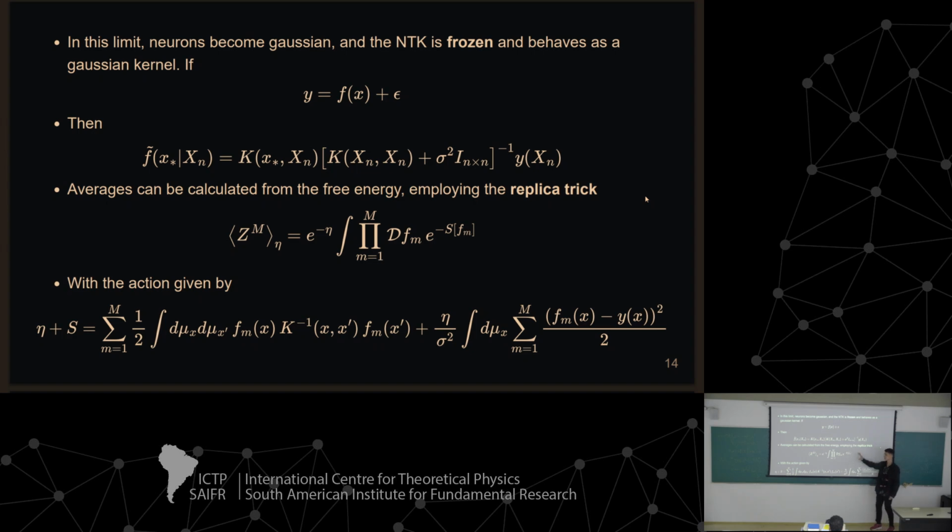The paper did it, which is way harder, of course, but I didn't have time to work with that. But it is possible. You can add terms in this action, and it will be just more complicated.